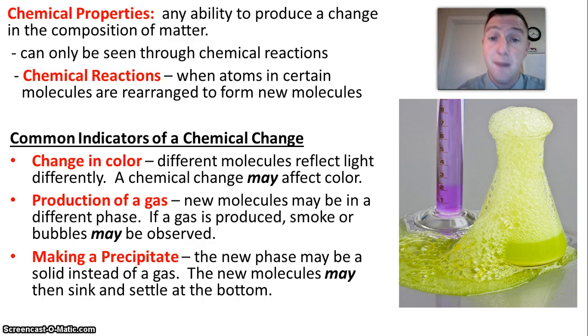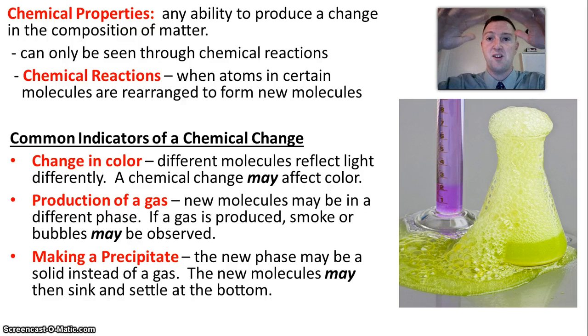Now, I might also form a new molecule, but that's in a solid phase instead of a liquid. All right. So if I have a solid and a liquid, usually the solids are more dense than the liquid, and that solid, as it forms, it's going to precipitate down, just like rain and snow are forms of precipitation, and hail and sleet.